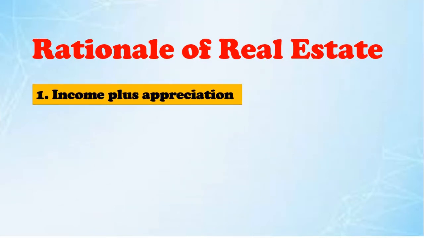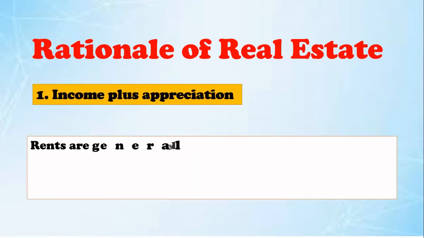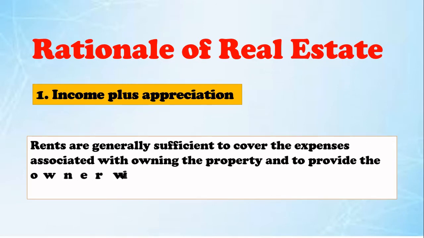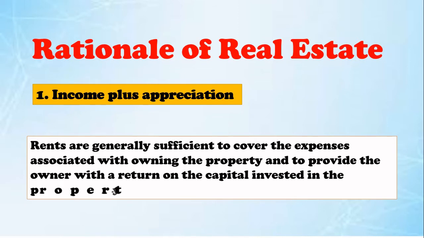First one, income plus appreciation. Rents are generally sufficient to cover the expenses associated with owning the property and to provide the owner with a return on the capital invested in the property. So actually it means that if you want to build a real estate property, you have taken a loan from a bank or financial institutions. So you have to pay back the dues with interest, right?